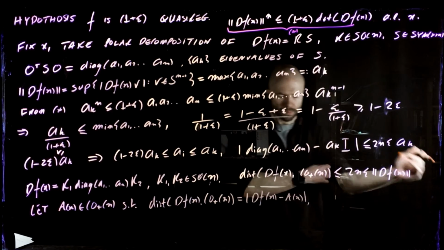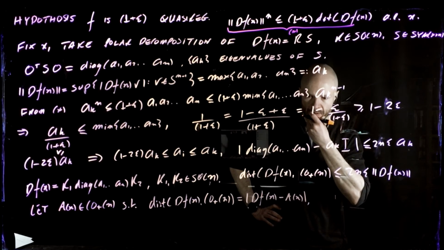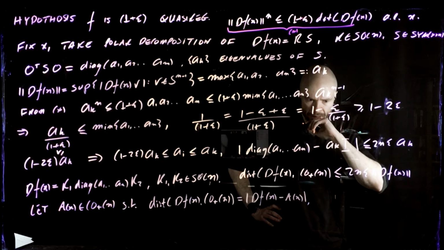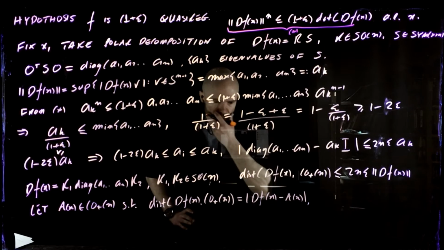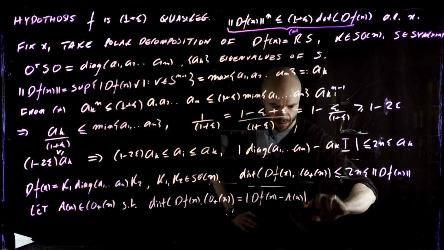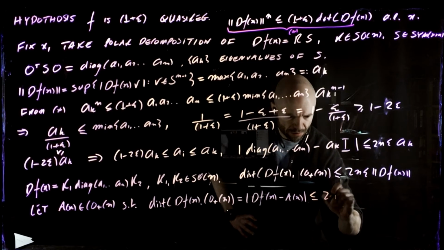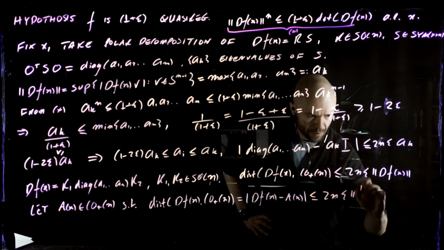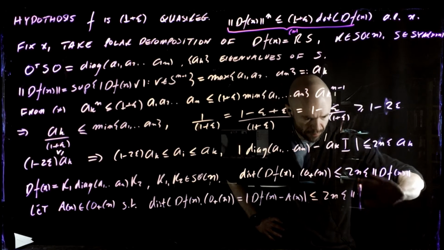Then what is that going to say? Well, if we do the following thing, this is less than 2n epsilon times the gradient of f, like this.